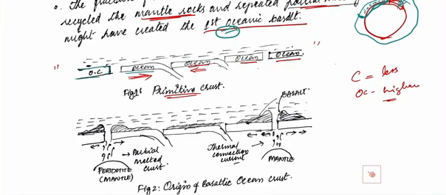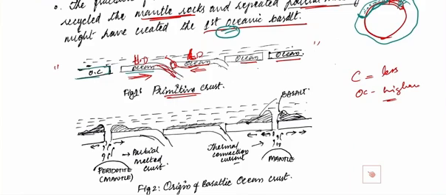Ocean plates will have different densities. If this is of a high density and this is of a lower density, the lower density one overflows on the higher density.